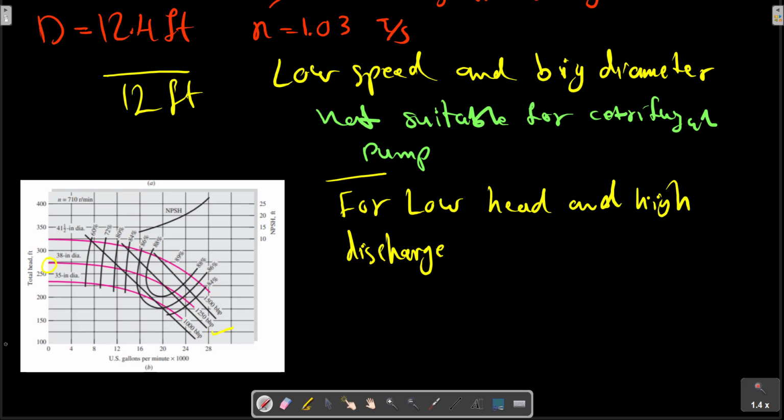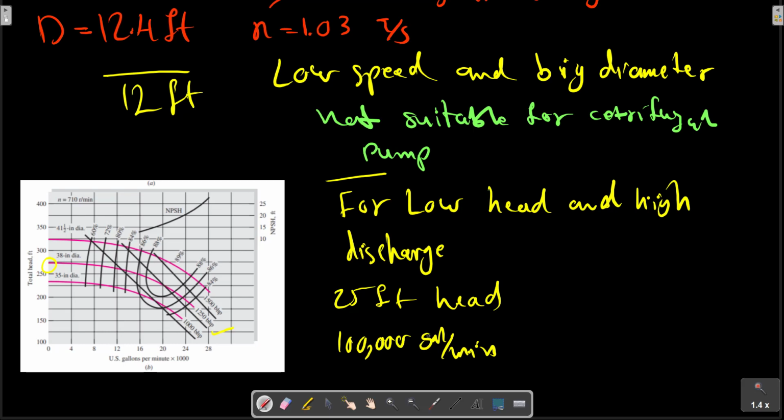It will deliver 25 feet of head and 100,000 gallons per minute, the flow rate from the previous example.